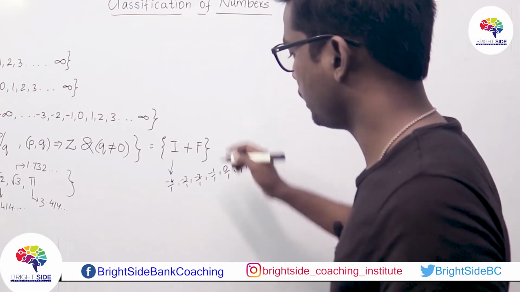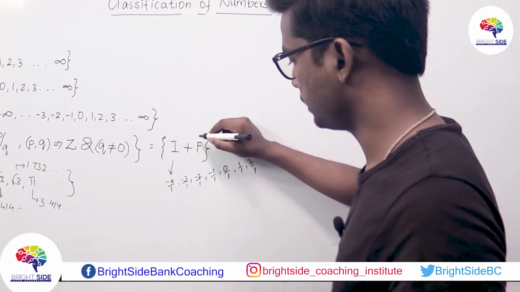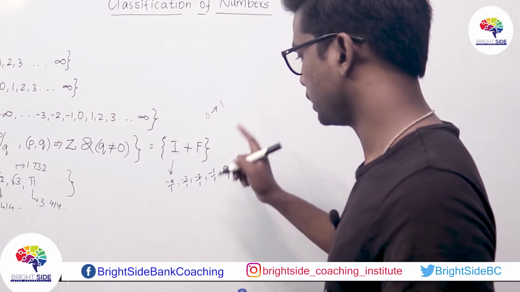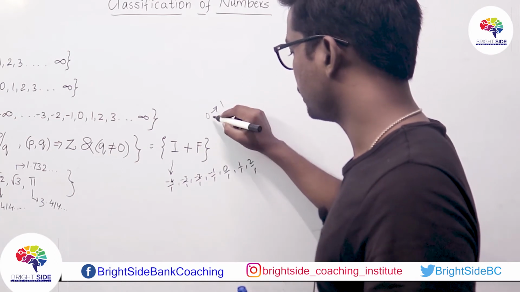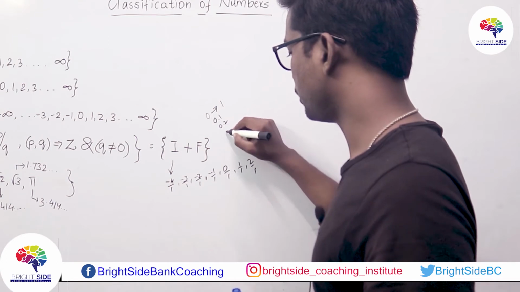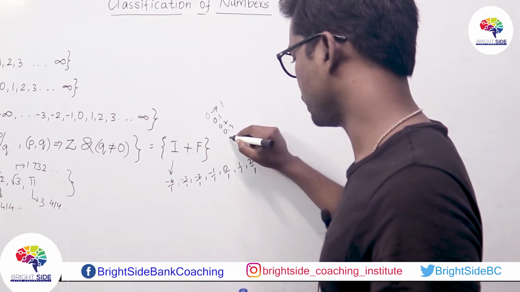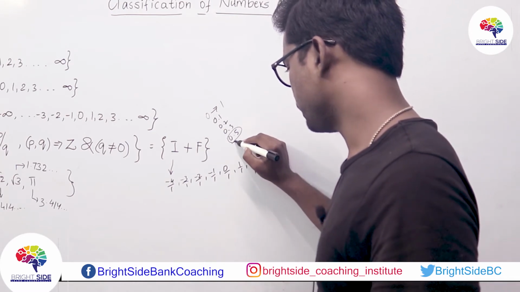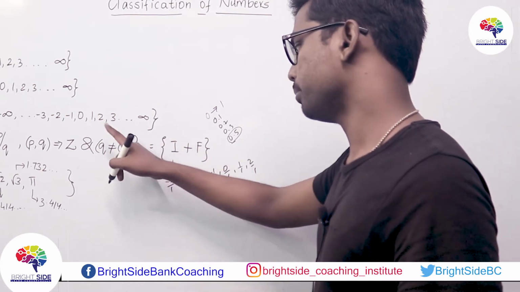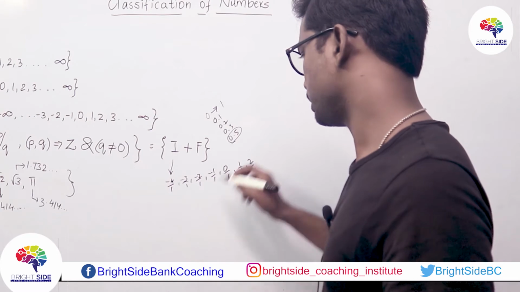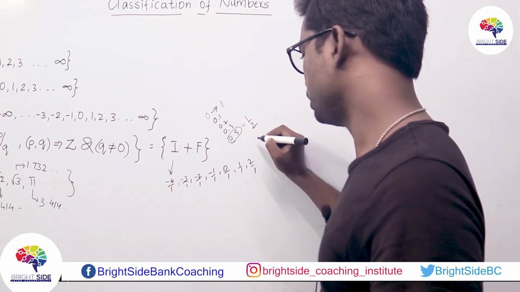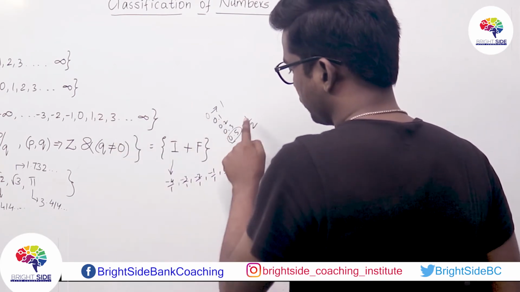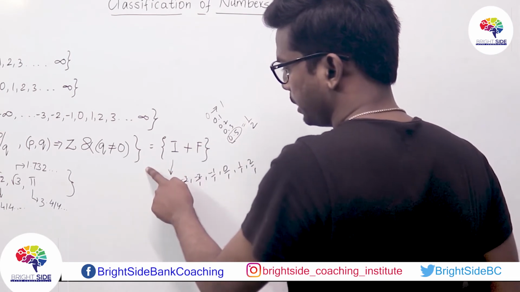The extra values available in rational numbers are fractions. From 0 to 1, let us suppose I am taking the values between 0 and 1. Like we have 0.1, 0.2, like that we have many values. Likewise 0.5. 0.5 is a value which is not available in integers but is available in rational numbers. 1 by 2 is 0.5. 1 and 2 are available in integers, and 1 by 2, which is 0.5, is available in rational numbers.